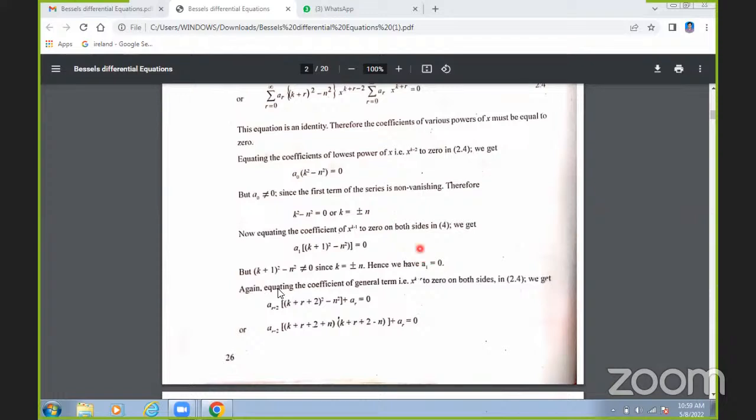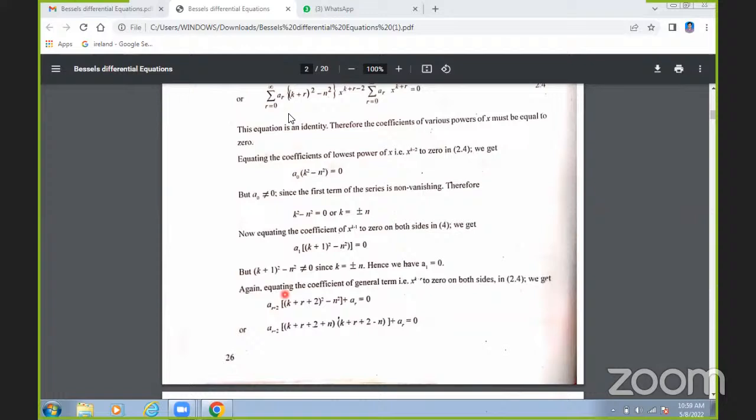So therefore, again after that, equating the coefficients of the general term as x to the power of k plus r. The generalized term which we are going to get, write it as x to the power of k plus r. This is not k minus r, it should be k plus r. So if you are making the coefficient of x to the power of k plus r equal to 0, then in place of r, we will be getting r plus 2.